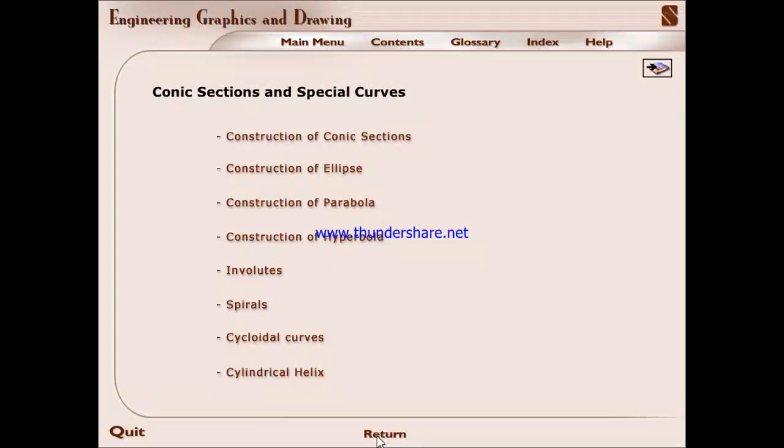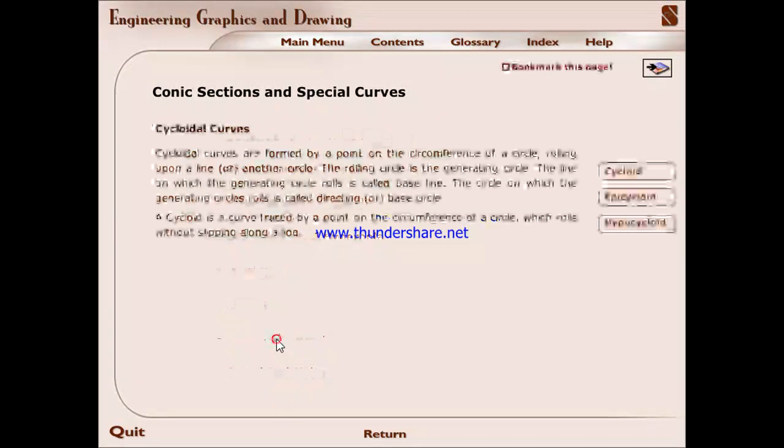Now we will study cycloidal curves. Cycloidal curves are formed by a point on the circumference of a circle rolling upon a line or another circle.